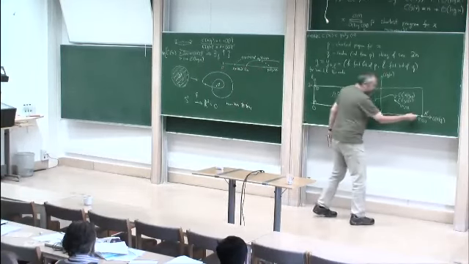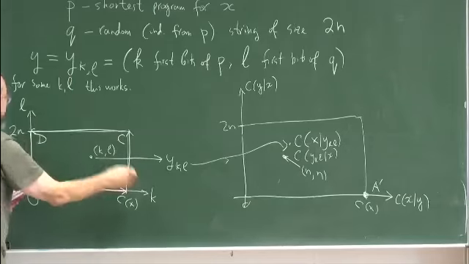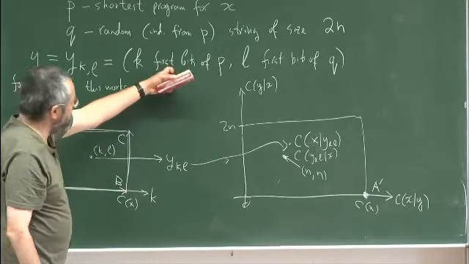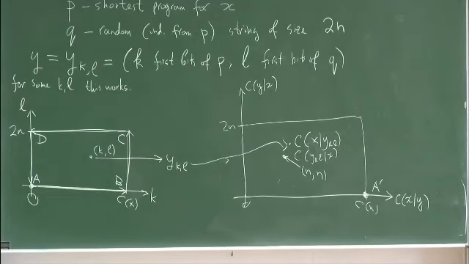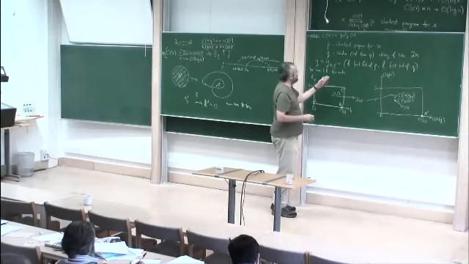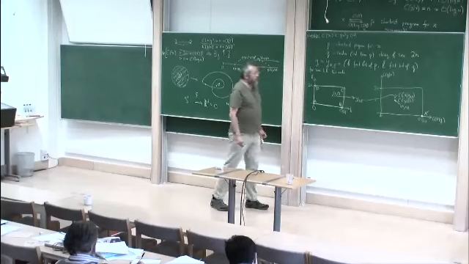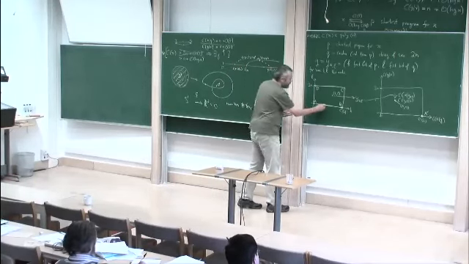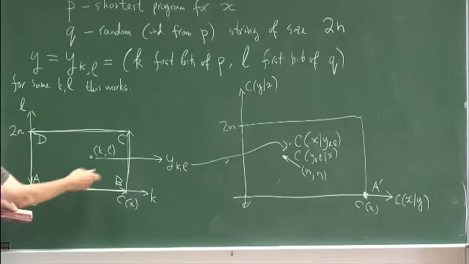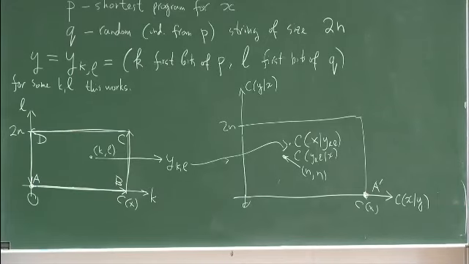Now we increase K, the number of bits taken from P, so we get more and more bits of the program for X, and we still don't use this Q. So Y is a prefix not of X but of its shortest program, a prefix of P. What happens?